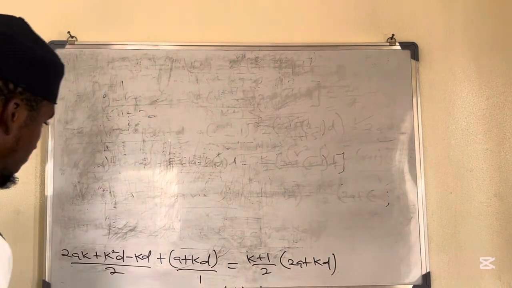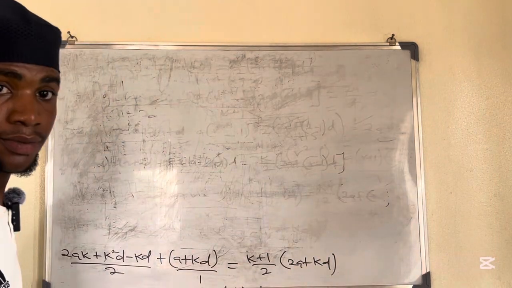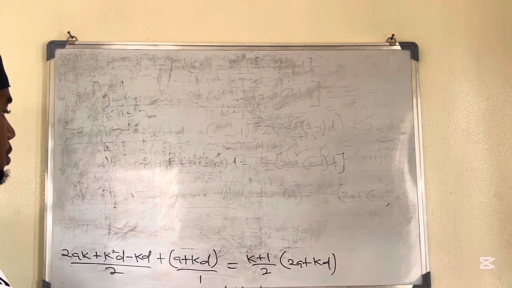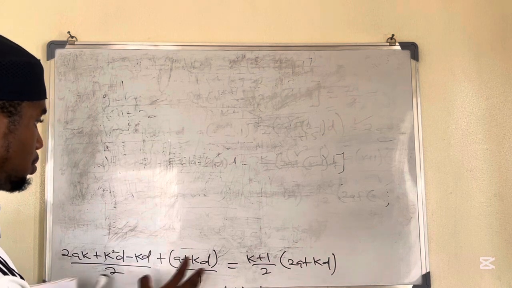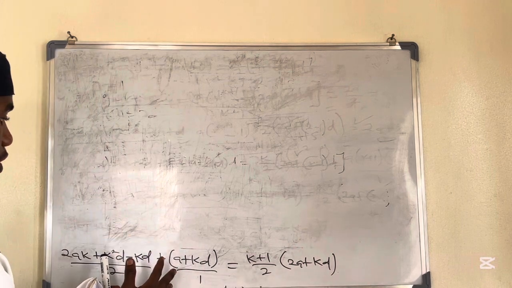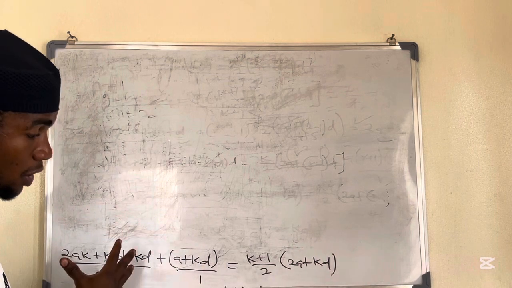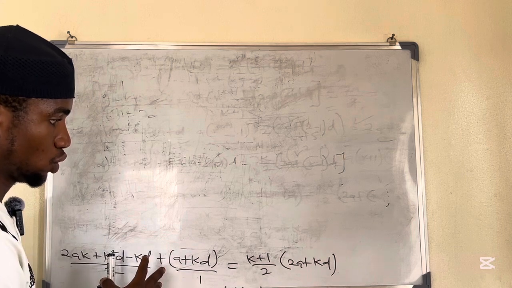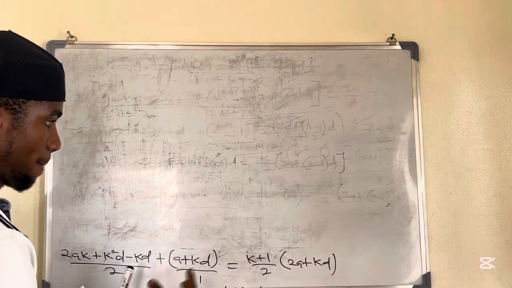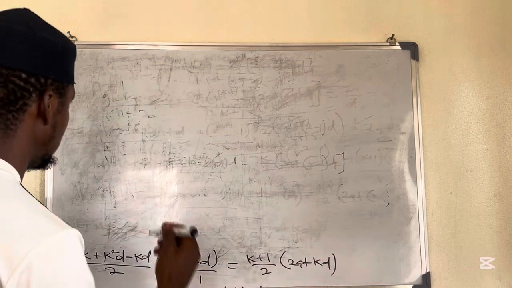So here now, look, we're having fractions. So we're going to take our LCM. This right hand side we're going to leave like this. Then we're going to play with our left hand side so that it will look like the right hand side.